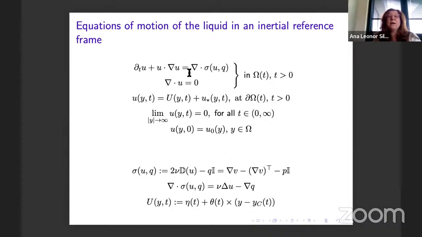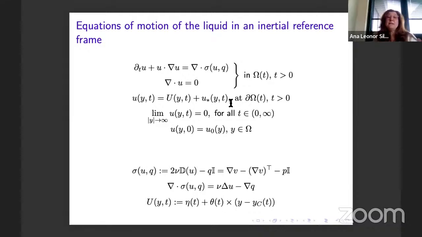Okay, so we are writing the first equation in divergence form, but the divergence of sigma of U and Q means, because of the divergence free condition, that we can write viscosity times the Laplacian of U minus the gradient of the pressure. Okay, the velocity is a vector field, the pressure is a scalar.